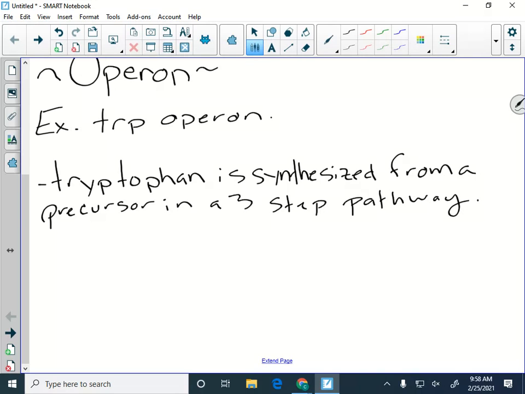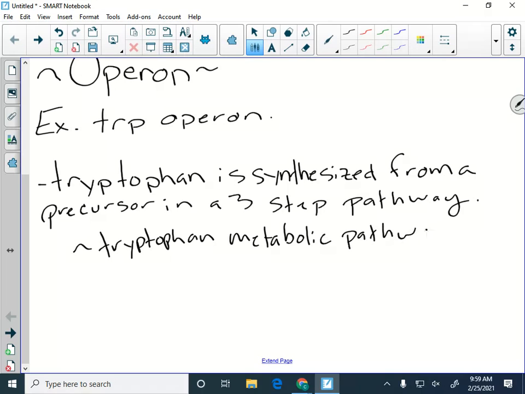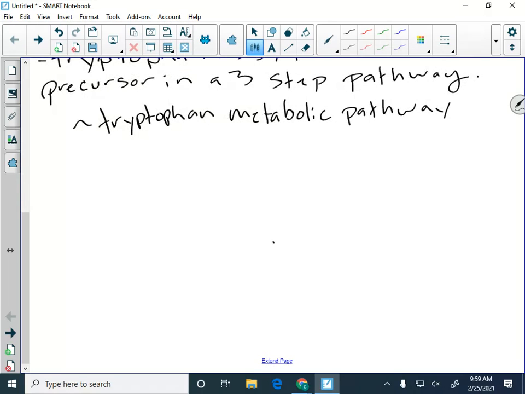So, before we can get into the genetics of this, we are going to talk about the actual metabolic pathway. So, we are going to draw out the tryptophan metabolic pathway. We start out with our precursor molecule.